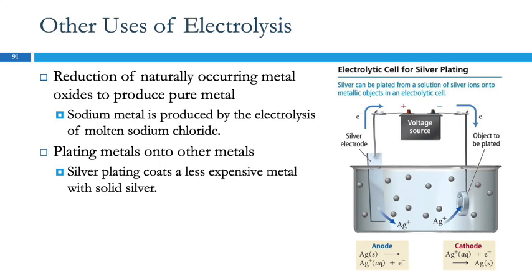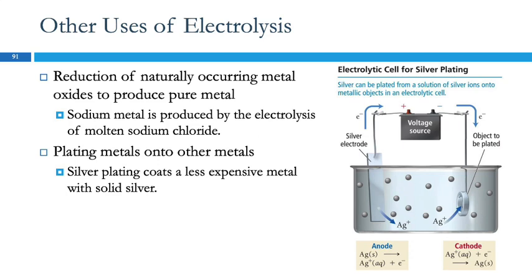The battery is causing the water to decompose into hydrogen and oxygen gases. So, breaking water apart, unless you're trying to make hydrogen for a fuel cell, is not very useful. There are a lot of other uses of electrolysis. We can take naturally occurring metal oxides and reduce them to produce the pure metal. So how do you make sodium metal? Sodium's really reactive.